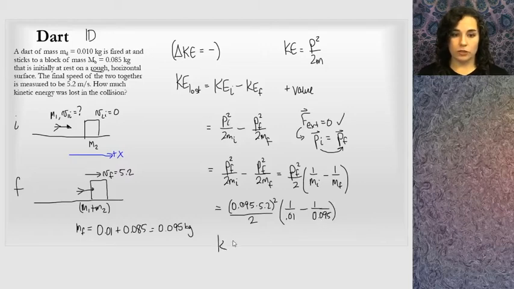When you run this through your calculator, you can guess that this is a non-zero value. You actually get 10.9174 joules. That's how much energy was lost.